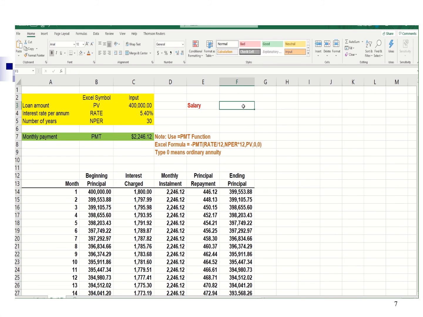Well, most bank criteria is 1/3 of your monthly income can be used to pay back the monthly installment. So I just need to take the monthly installment times 3. Roughly, you need to have an income of 6,738 in order to be qualified for this loan.